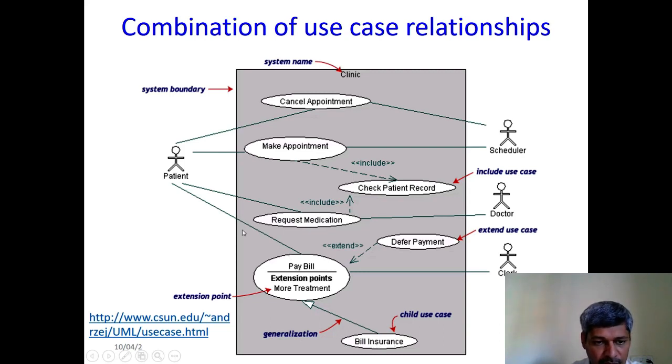So either you pay it directly or you have to bill the insurance, so that the procedure will be a little bit different. The child use case here is bill insurance, which is a specialized behavior of paying the bill. If the patient wants to pay with the bill insurance, this use case will replace the pay bill for that particular patient.